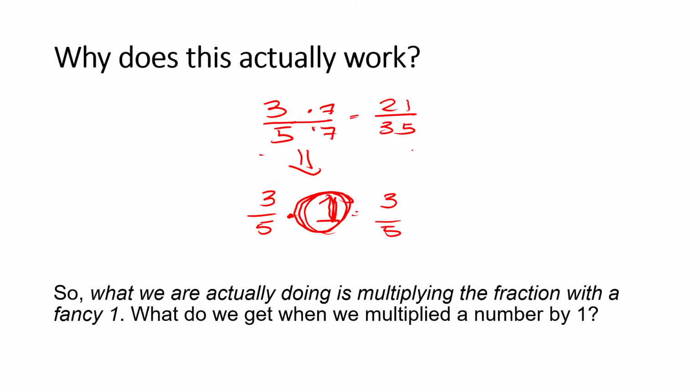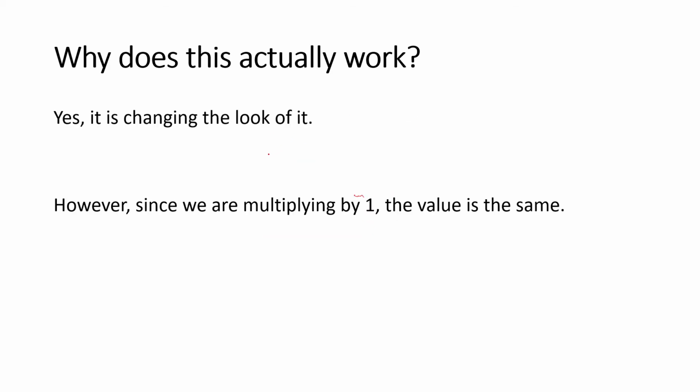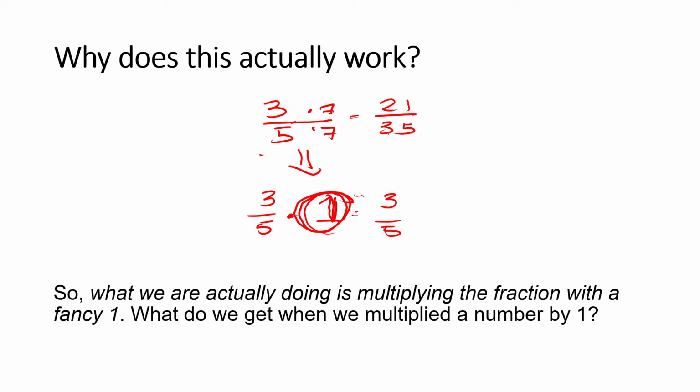So you might be wondering, why is it different though? This one's way bigger than this, or it looks bigger than this. But however, it's changing its look. Yes, I give you that. However, we're multiplying by 1. So even if this looks bigger than 3 over 5, when you draw it out, they'll have the same amount of picture.